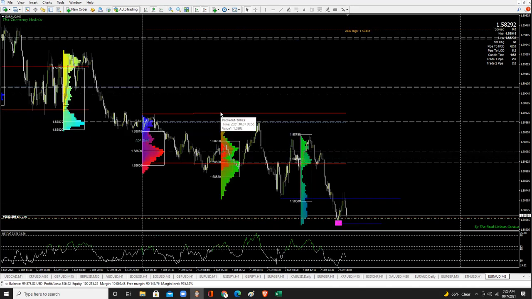This red breakout zone. And Malik, yeah, you can grab that.